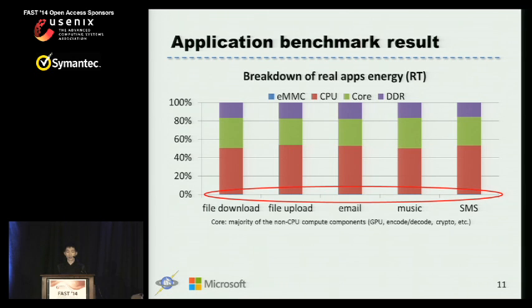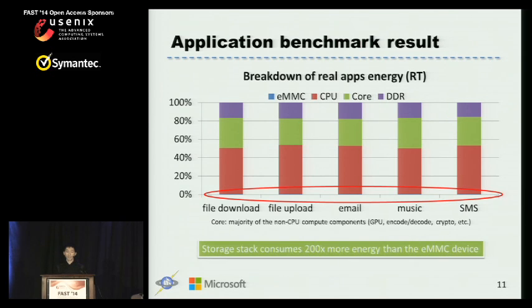Above that is the CPU energy, which is about half of the whole energy. Above that is the core energy, and above that is the memory energy. So from the results of the real application benchmarks, we can also see that the storage stack consumes 200 times more energy compared with the eMMC device.